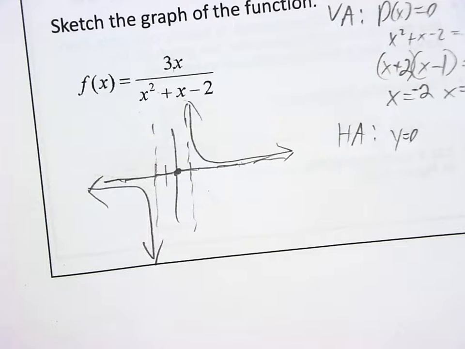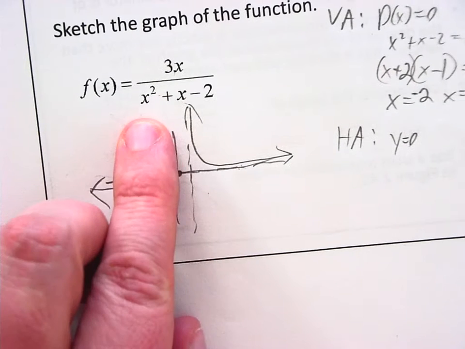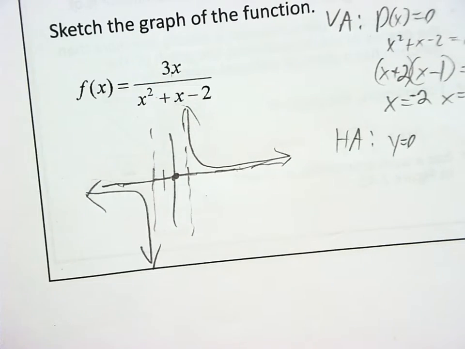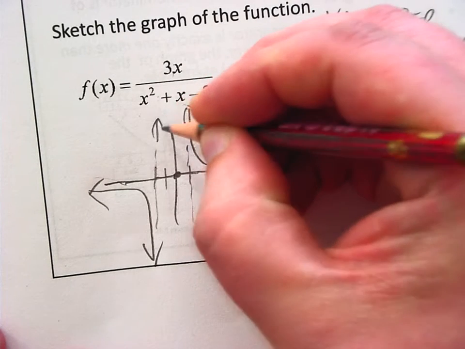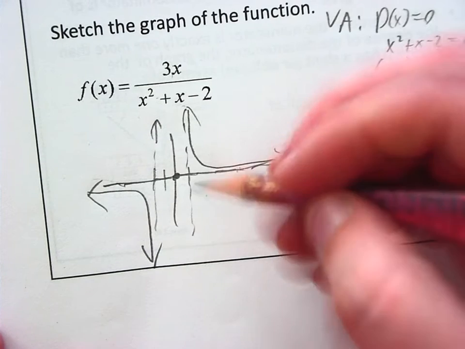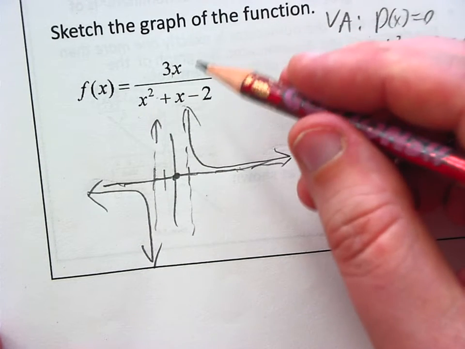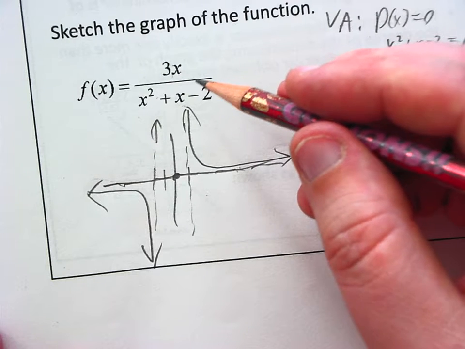Positive. The top's blatantly negative. The bottom, the negative squared is going to be positive 1, but you're still subtracting 3 from that. So the bottom's going to be negative, the top's negative, therefore it's going to be positive. Now I'm going to hold off though, because the problem is here, I don't know whether I'm going to go through this point or if I'm going to bounce off and go back up.